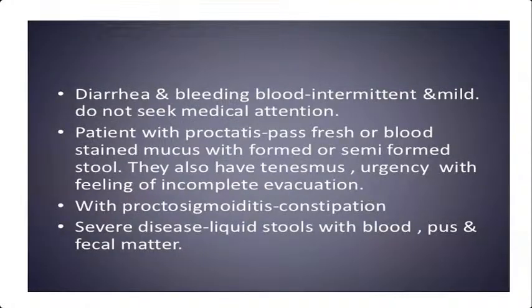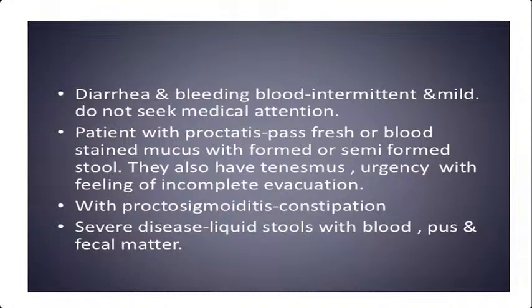The diarrhea and bleeding is intermittent, often mild, and characteristically, patients may not seek medical attention for quite a while, but patients with proctitis may pass abundant fresh blood or blood-stained mucus, and this can be alarming and therefore cause them to seek early treatment.